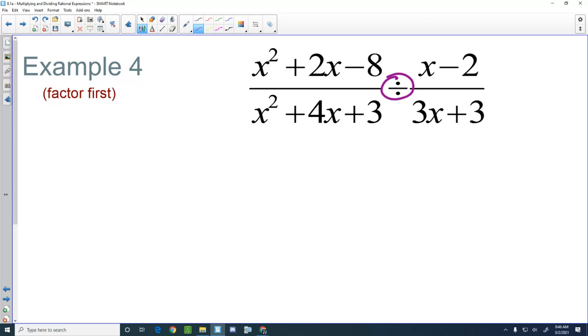So factor each of these. Before I rewrite it as multiplication, like when I write it as multiplication, I'm going to factor it all at the same time. Like when I rewrite that first numerator, write it in factored form right off the bat.